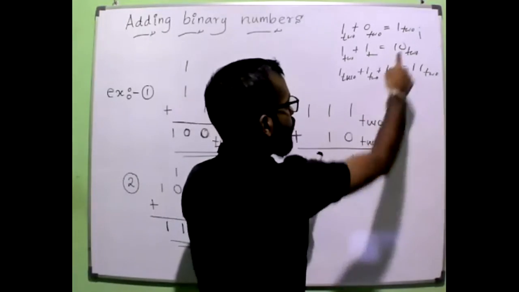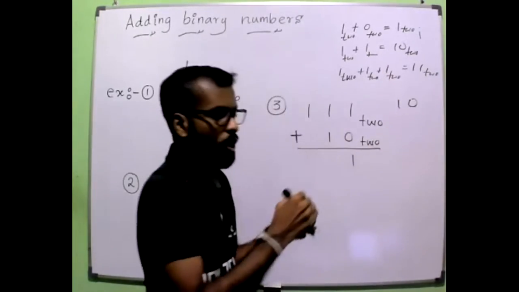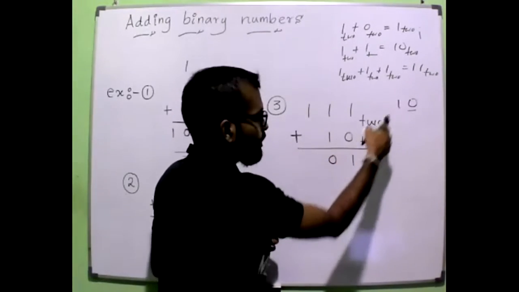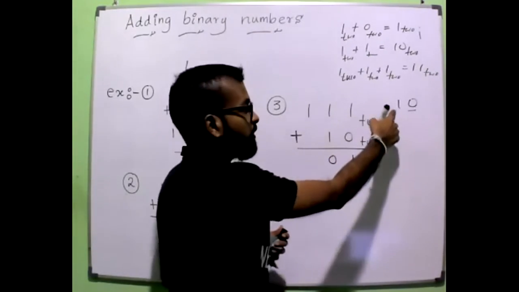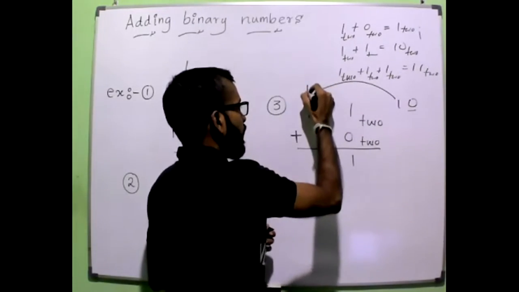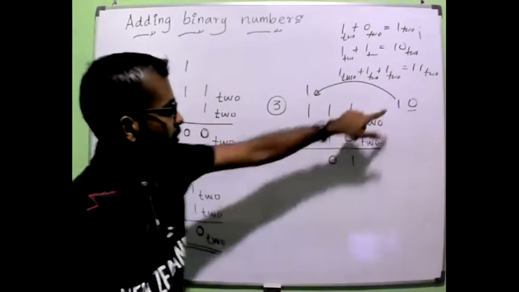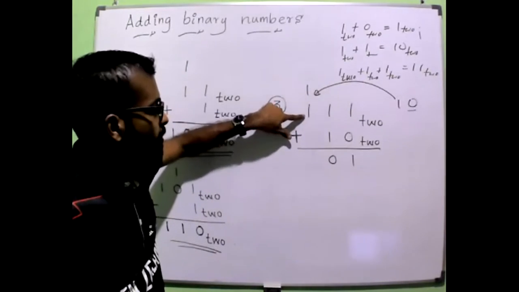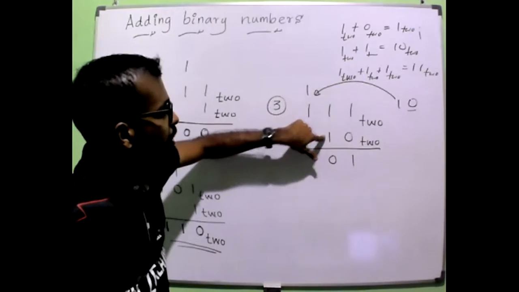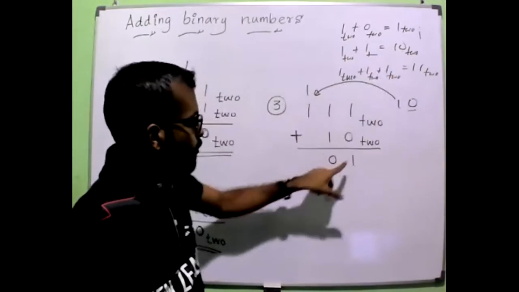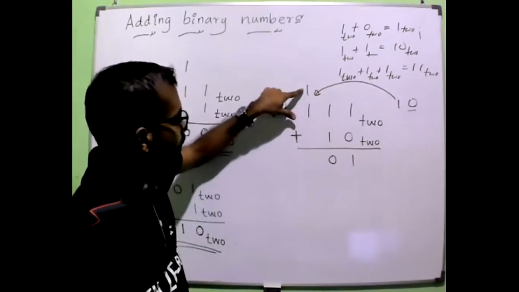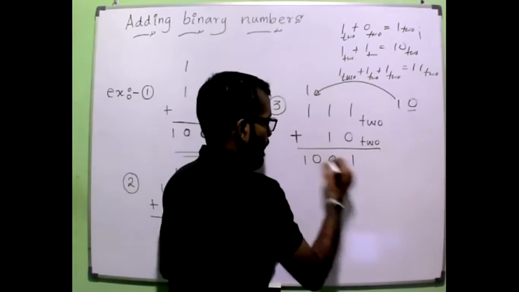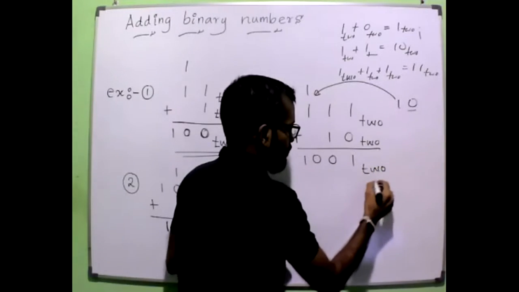Then here you have 10, but you are going to put 0 only here. The rest of the number comes here, to the top of this number. 1 plus 1, 10. So you put 0 here, 1 comes here. Then again 1 plus 1. So the answer is again 10. So this is the final answer.